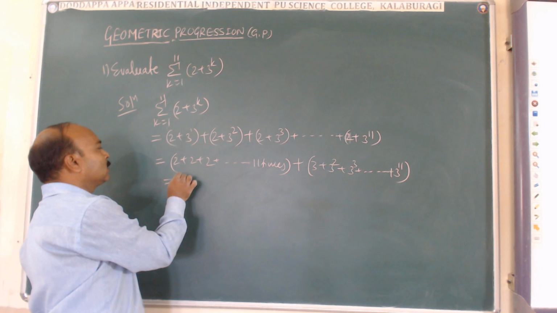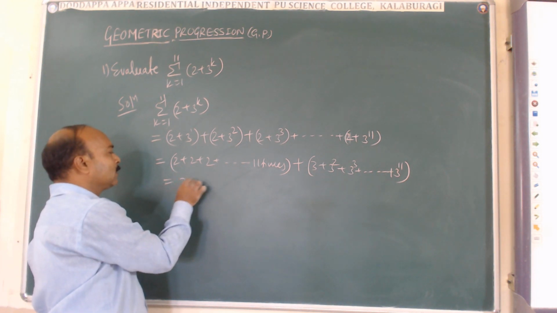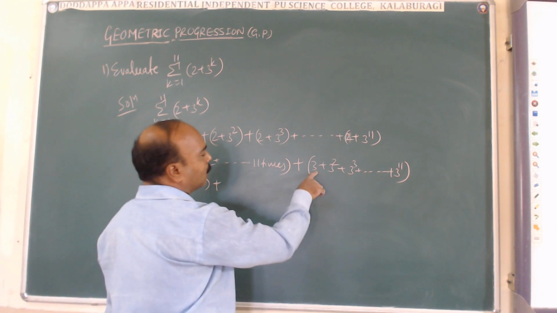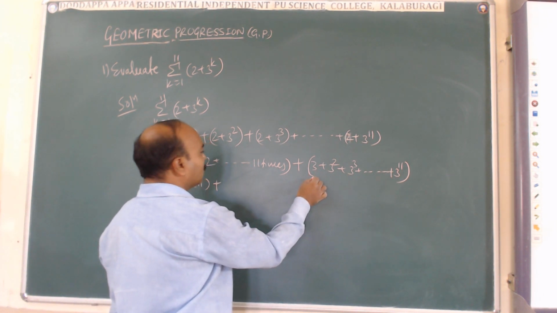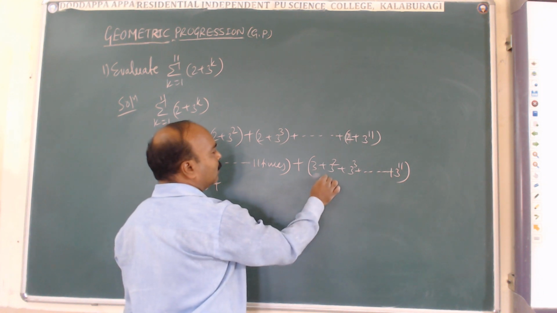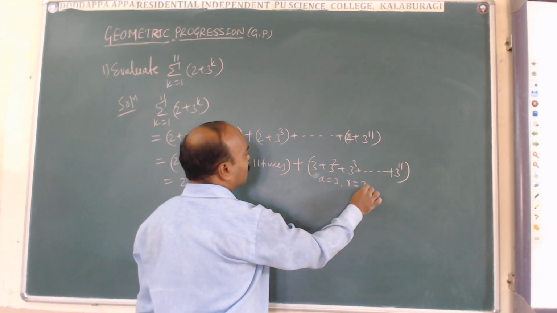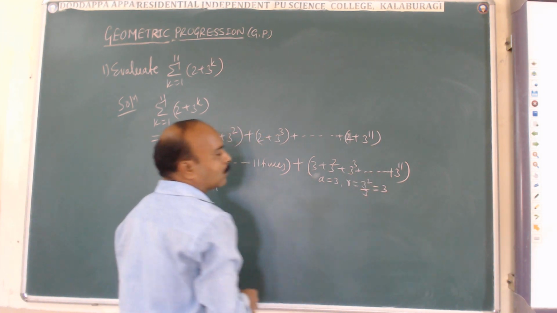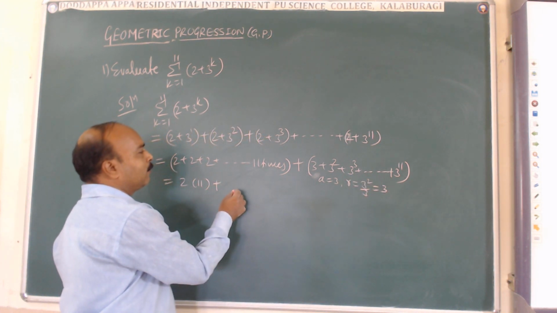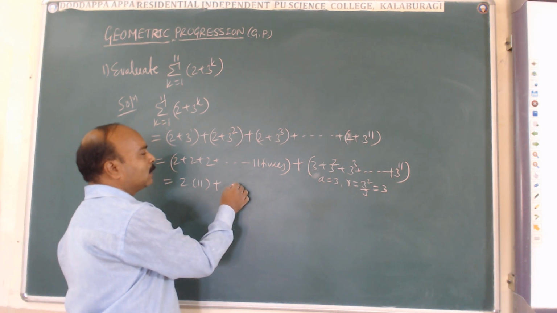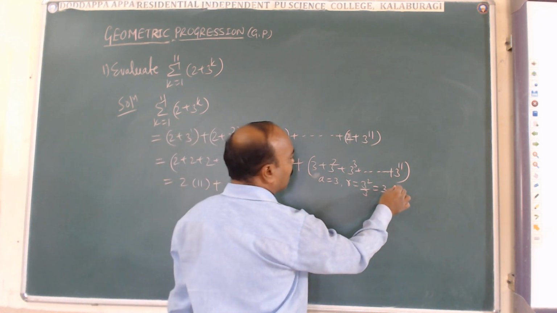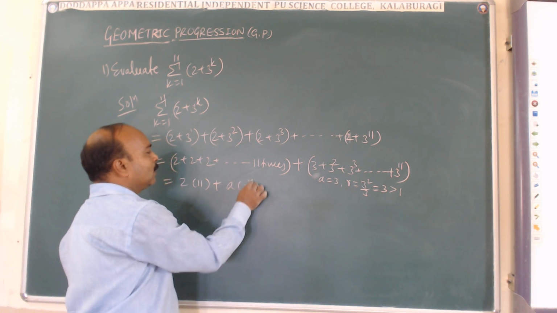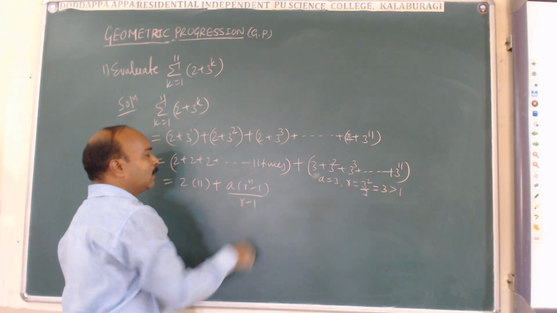Now that means 2 is added 11 times, so 2 into 11 is what you are getting first, plus it is a geometric progression. Here the a value is 3 and the r value is 3 square by 3, which is equal to 3. Now we use the formula for the sum to n terms of a GP. Here 3 is greater than 1, so we get a(r raised to n minus 1) by (r minus 1).